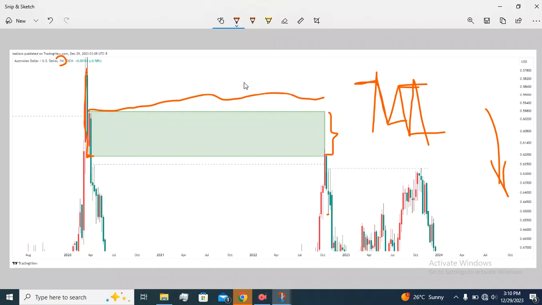So in trading, we have a sweep of liquidity, right? Once you set your order here and it's triggered, you have predicted the market to move downwards.